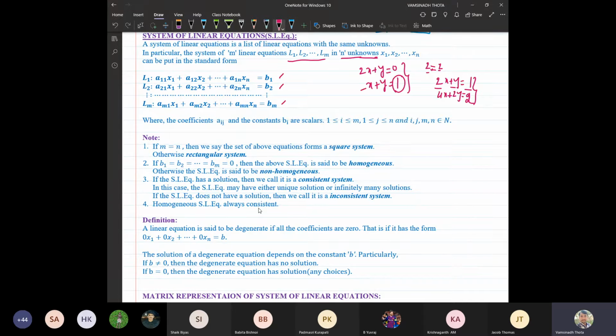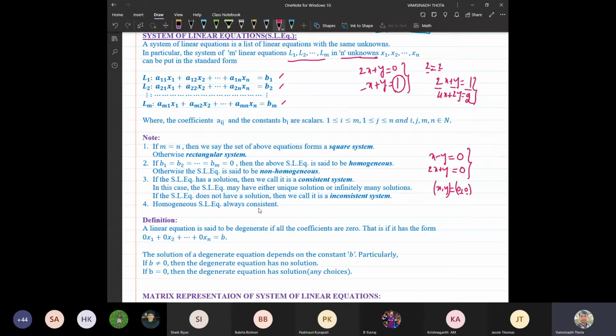A homogeneous system is always a consistent system. What do you mean by a homogeneous system? The homogeneous system means x minus y is equal to 0, 2x plus y is equal to 0. This is a homogeneous system. On the right-hand side, the constant terms are all 0. Why is it consistent? Consistent means it already has a solution. It has at least one solution. What is that? x comma y is equal to 0 comma 0.